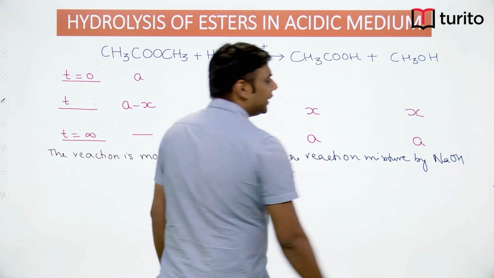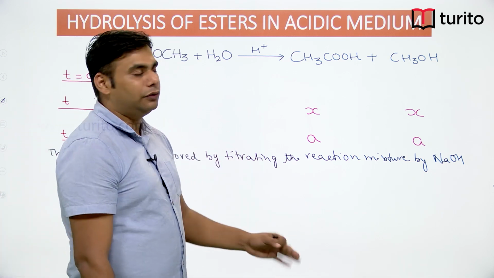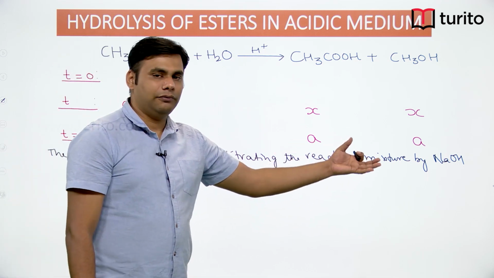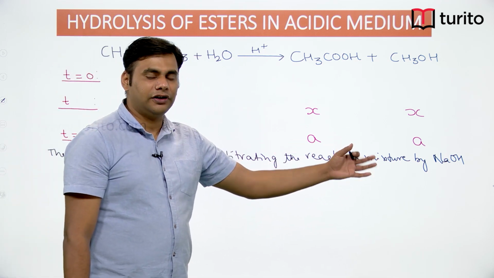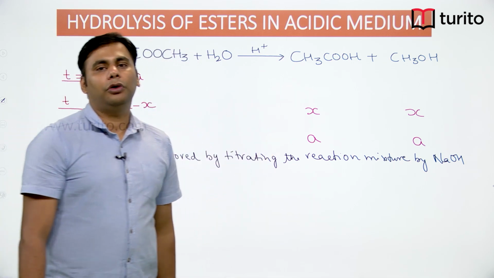Again this is an acid base titration, so the number of moles of base consumed will be equal to the number of moles of acid. Because the molarity of NaOH is fixed, we can directly say that the volume of NaOH will be proportional to the amount of acid.